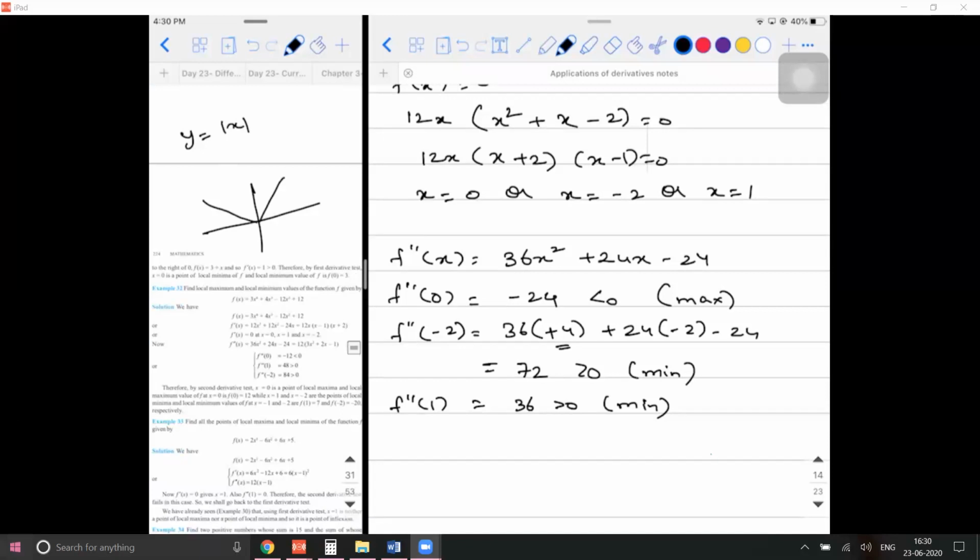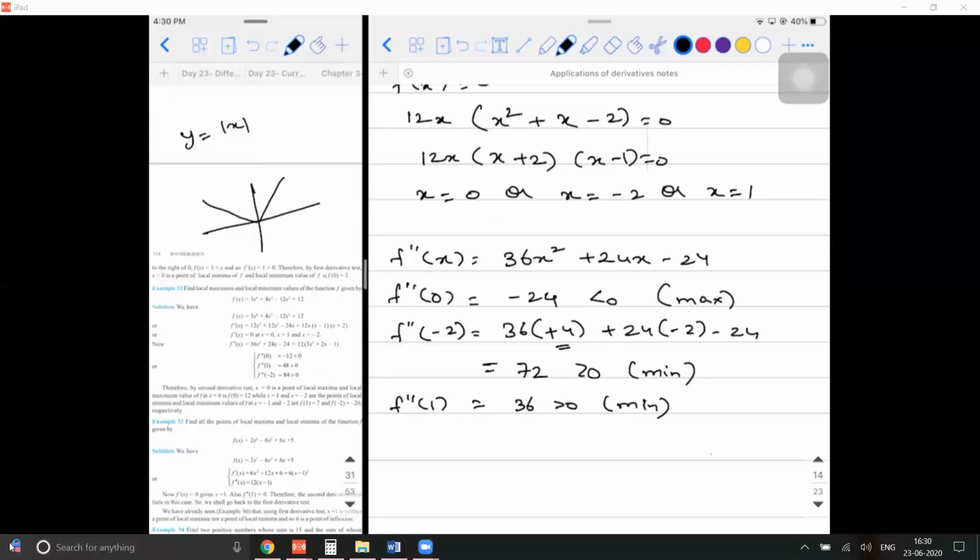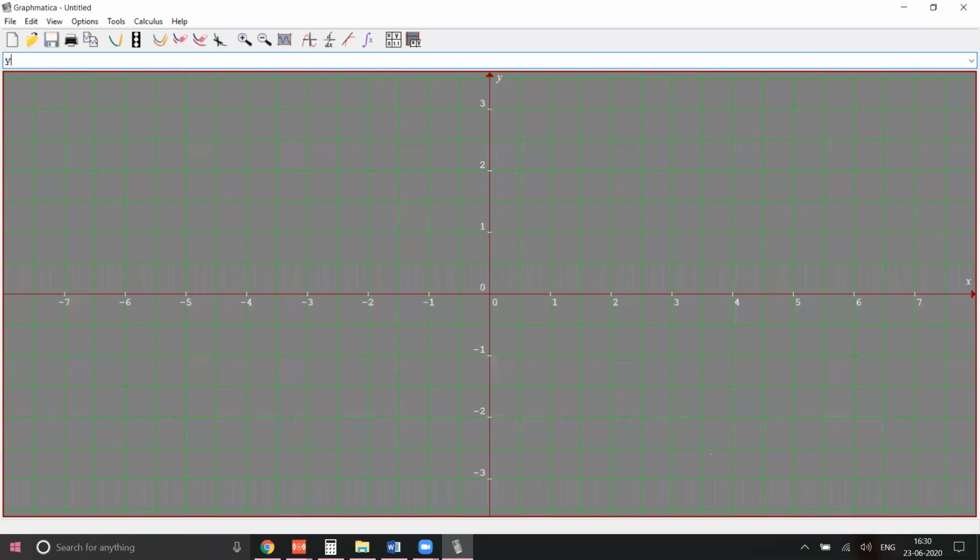So just for you to understand, I'll show you the graph also. Siddharth, can you read the function y is equal to what is it? y is equal to 3x power 4 plus 4x cube minus 12x square plus 12.